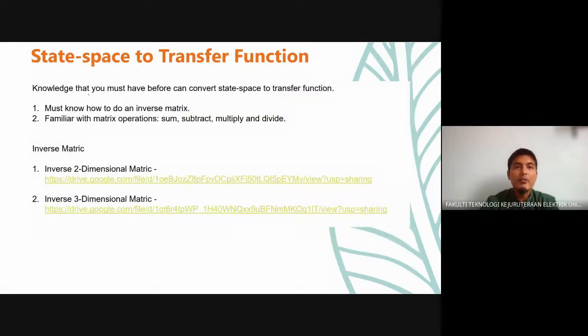Knowledge you must have before converting state space to transfer function: you must know how to do an inverse matrix, and be familiar with matrix operations such as summation, subtraction, multiplication, and division.